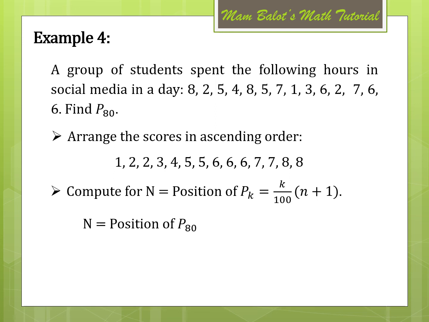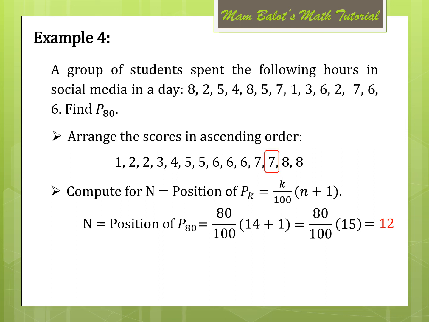Substituting to the formula, we have 80 over 100 times 14 plus 1. That is 80 over 100 times 15, which is equal to 12. We will now locate the 12th data in our arranged data, the one boxed in red. So our 80th percentile is equal to 7.